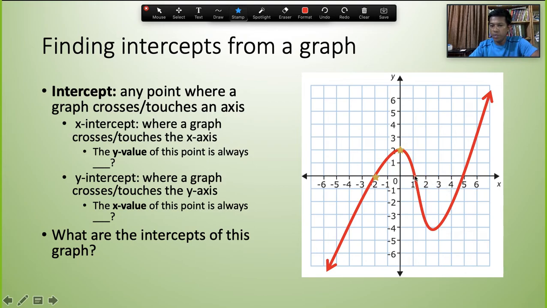What is the value of this x-intercept? 1. What is the value of this x-intercept? 5. Okay, so this is the x-intercept, this is the y-intercept. We have 3 x-intercepts here. 1, 2, 3 x-intercepts. If the curve goes this way, then we will have many y-intercepts also. But this is a nice little graph here.